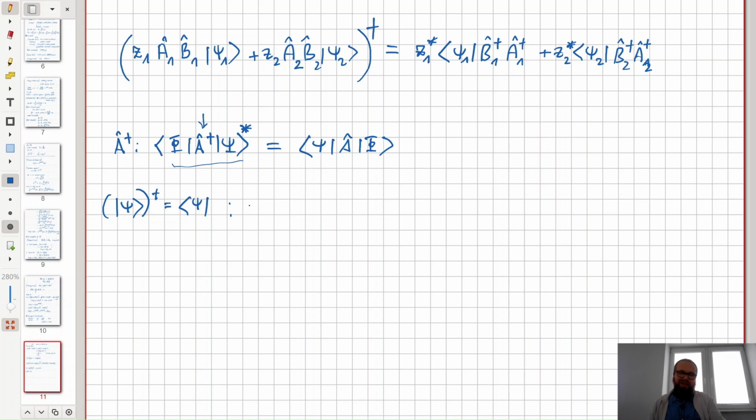You can say this is because if I take the inner product of psi and, let me say, the dagger of psi, it's supposed to be equal to psi phi. This is how you come up with this idea, that daggering psi, daggering the ket, gives you the bra.